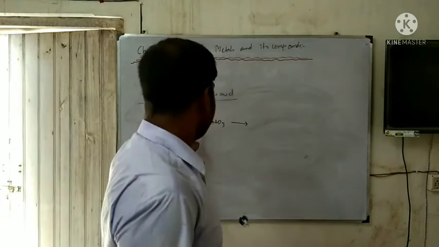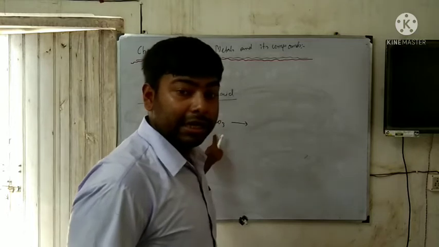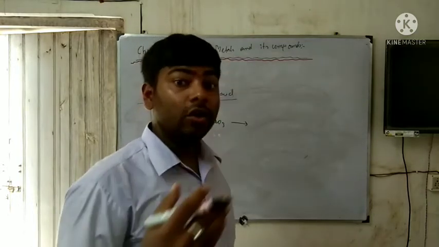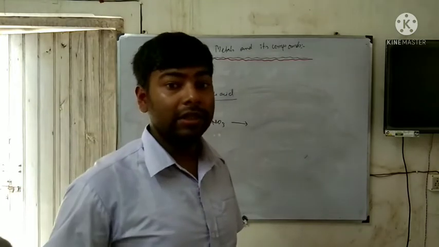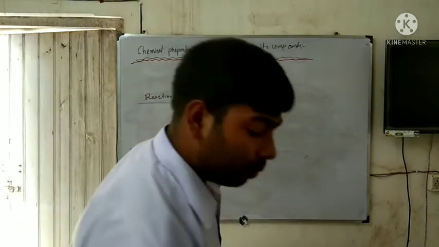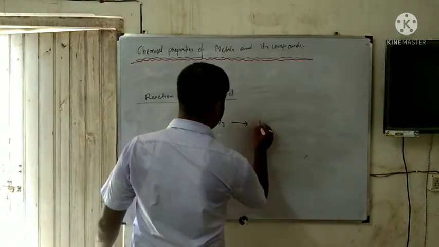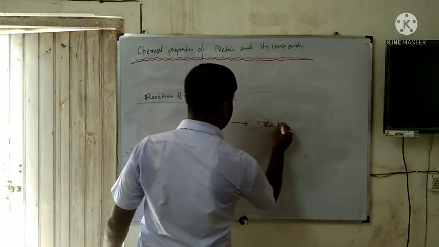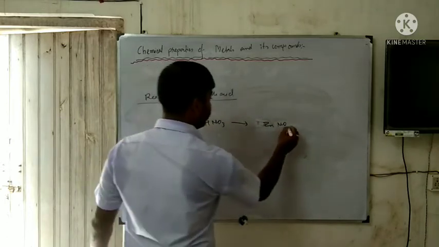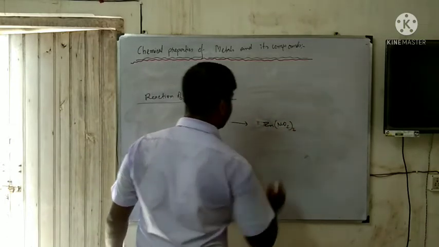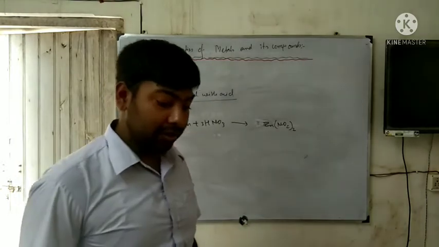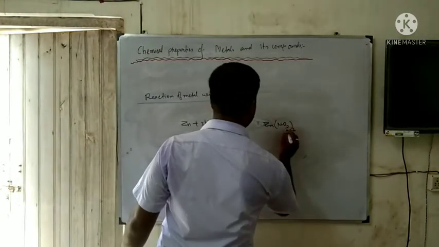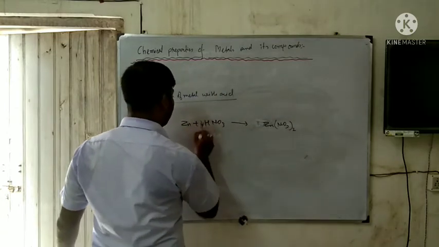But in this category, zinc reacting with nitric acid and copper reacting with nitric acid, the general rule, that means salt plus hydrogen gas, is not forming. It is forming like that. Zinc plus HNO3 gives zinc nitrate, you can say zinc nitrate, so if you take it, it is 4 HNO3.